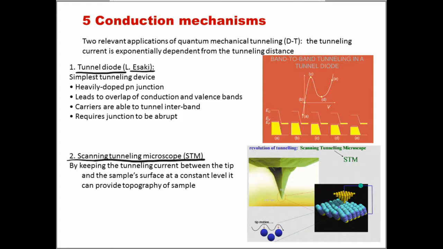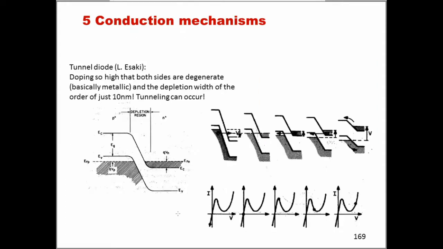So the tunnel diode is actually a heavily doped PN junction, and so let us have a quick look at how it operates. These diagrams here should explain the principle very clearly, and first of all, we need to have two highly doped P and N sides, so P plus and N plus.